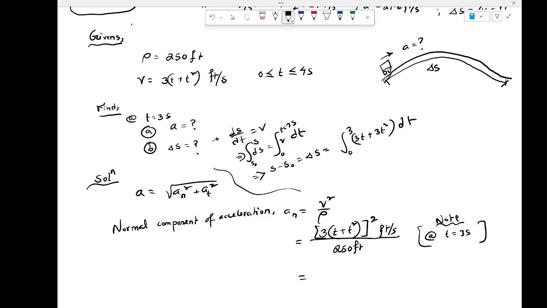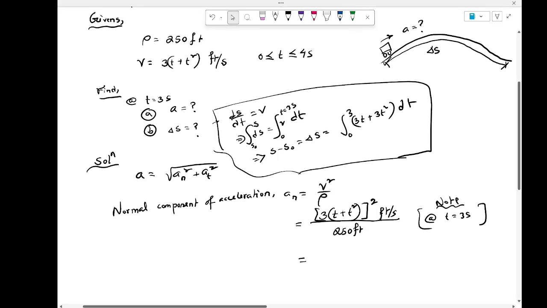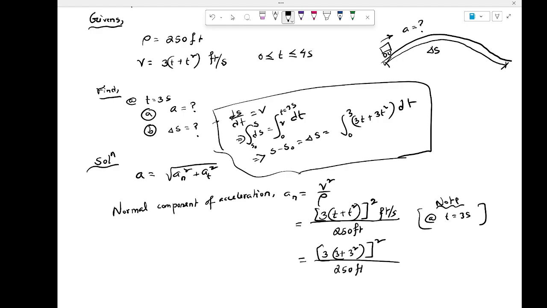Anyway, let me go with my usual pace, and this is just a note for those who are at a little bit more advanced stage. So what you're going to do here is simply plug the value. So you have 3 plus 3 square over 250 feet divided by second.